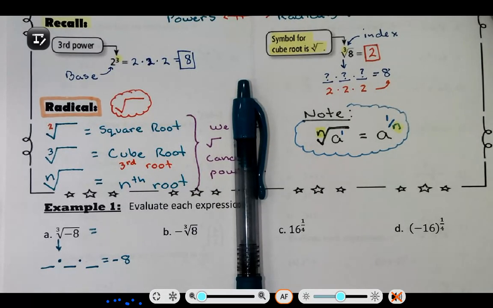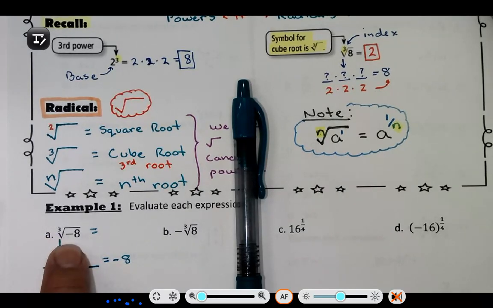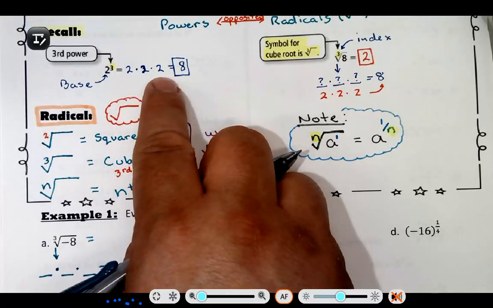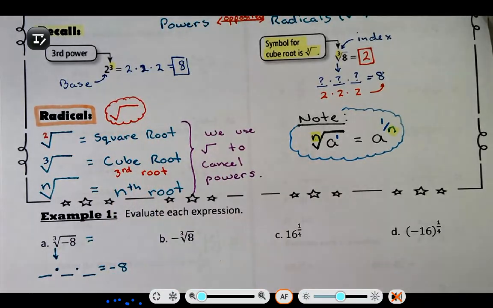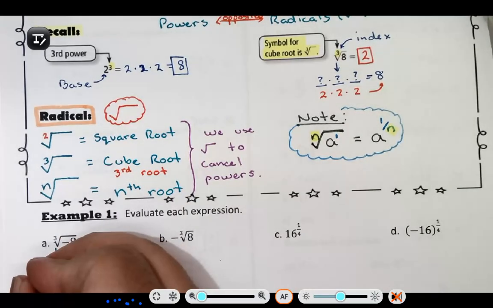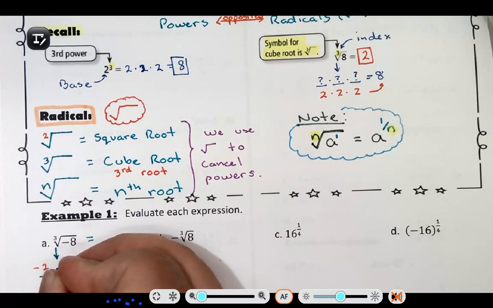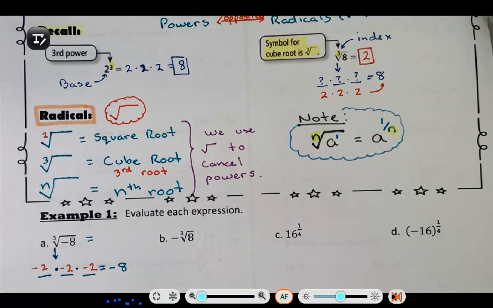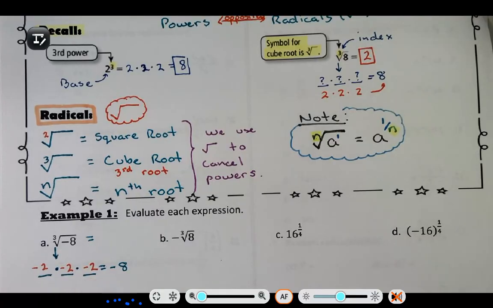Now, when we're looking at this one with the cube root of -8, we already said 2 times 2 times 2 is a positive 8. So then if I want to get a negative out of it, well, then I'm going to try -2 times -2 times -2. So we're going to test it out. We're going to play it safe.